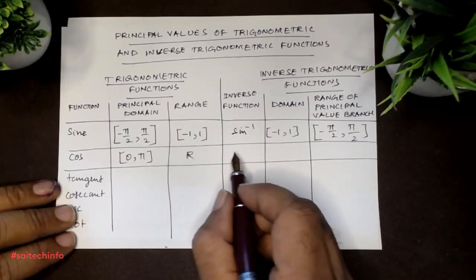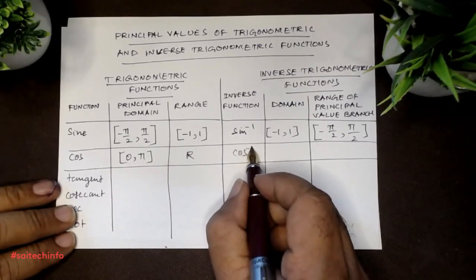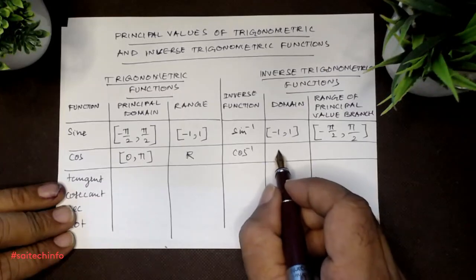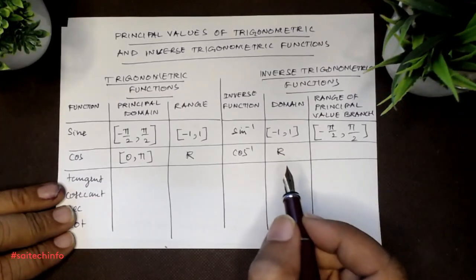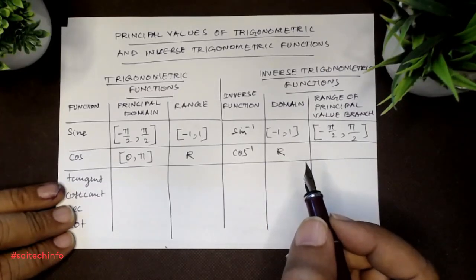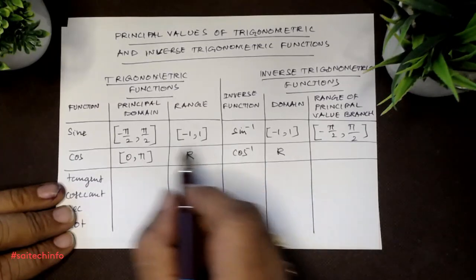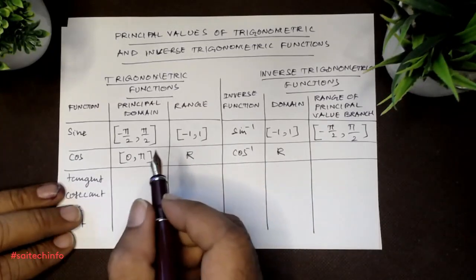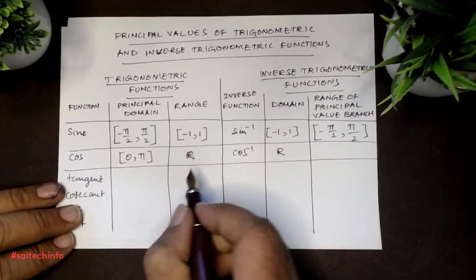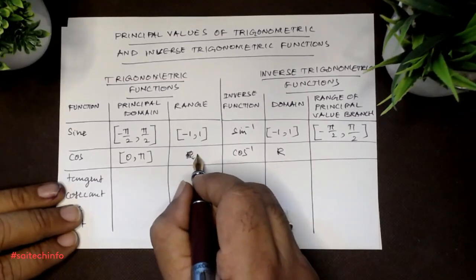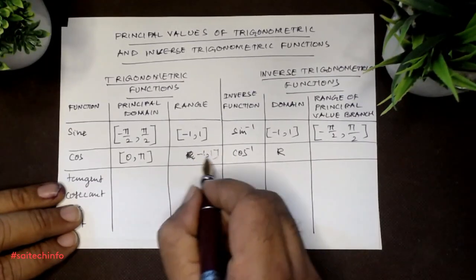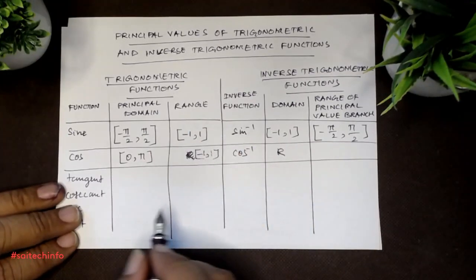Whereas the cos inverse is just the reverse. I'm sorry, the range for cos is not a real value, it is minus 1 comma 1, like sine only.